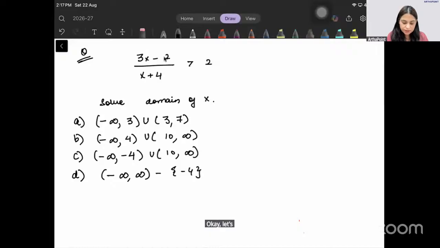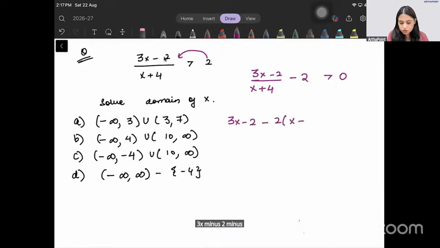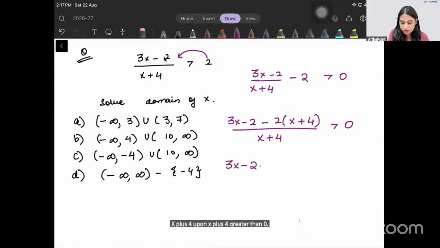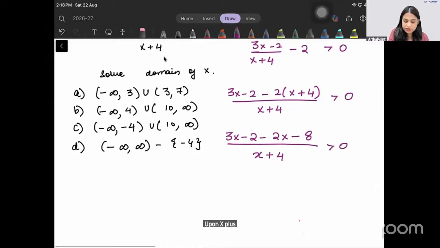Okay, let's start. We'll bring 2 on the other side. 3x minus 2 upon x plus 4 minus 2 greater than 0. 3x minus 2 minus 2 times x plus 4 upon x plus 4 greater than 0. 3x minus 2 minus 2x minus 8 upon x plus 4 greater than 0. 3x minus 2x means x.